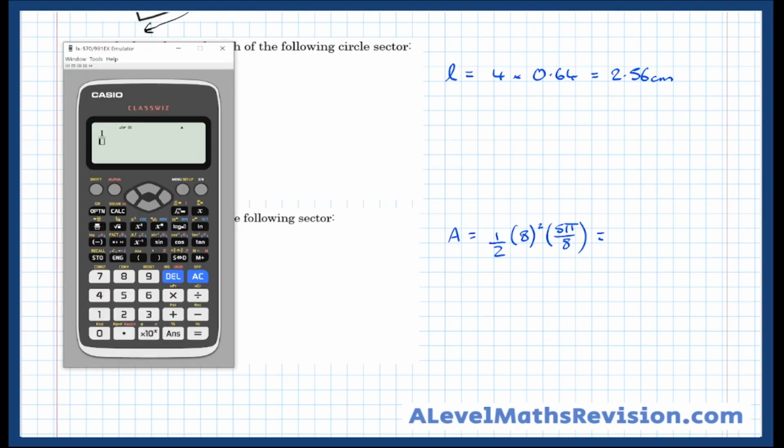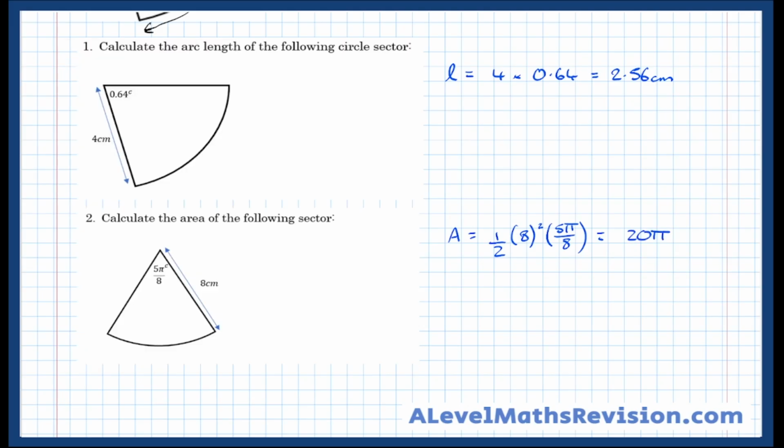Now you'll notice that my calculator is in degrees mode. I'm still going to get the right answer, and the reason for that is that it's only relevant what mode your calculator is in when you're finding the sine and cosine and tangent of the angle. So the calculator will only be bothered when it's finding sin, cos or tan. 20 pi is the answer there. 20 pi centimeters squared in context.